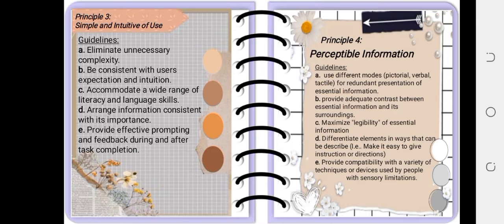So the design communicates necessary information effectively to the users regardless of ambient condition or the user's sensory abilities. For example, a video includes a voiceover for individuals with visual impairment.